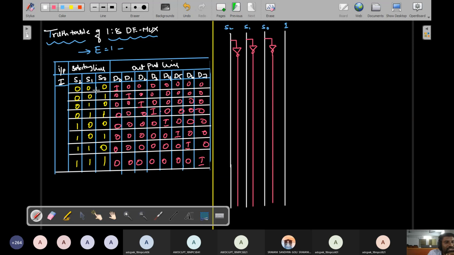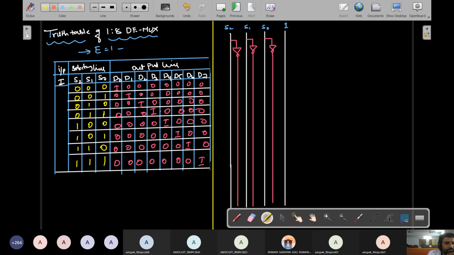Right now, I write the Boolean expression here.